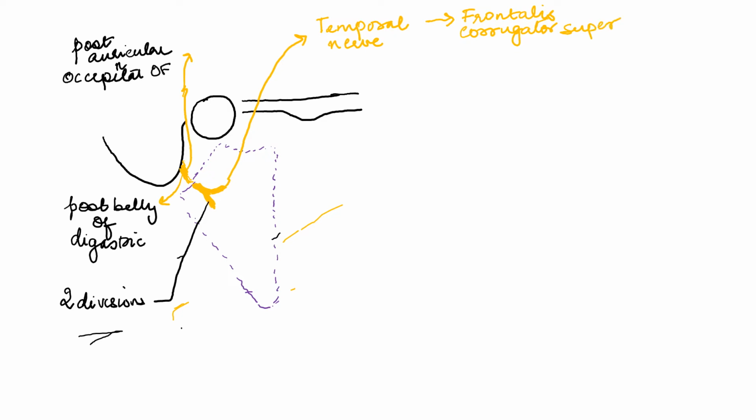So it goes into the area of the forehead, and the upper part of the Orbicularis Oculi. If this division of the nerve gets injured, there will be no wrinkling of the skin on the forehead.